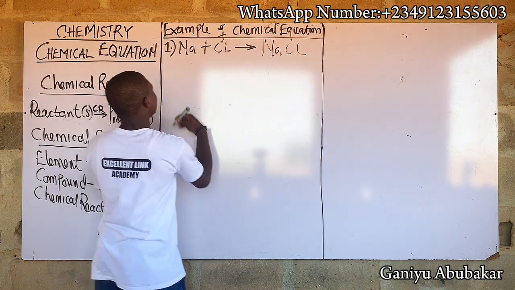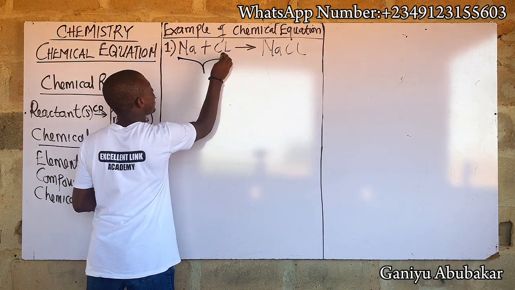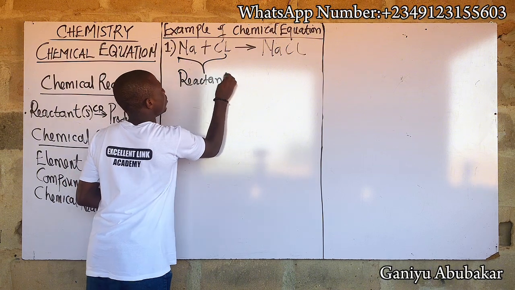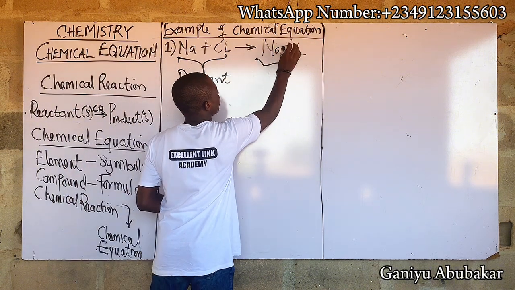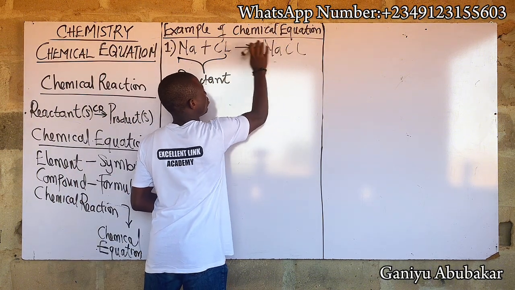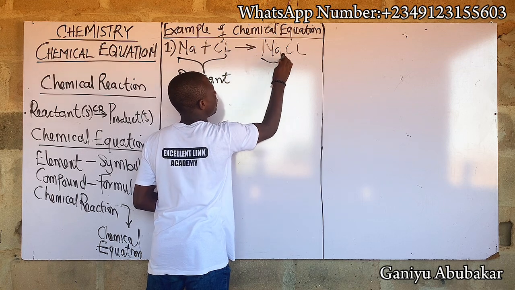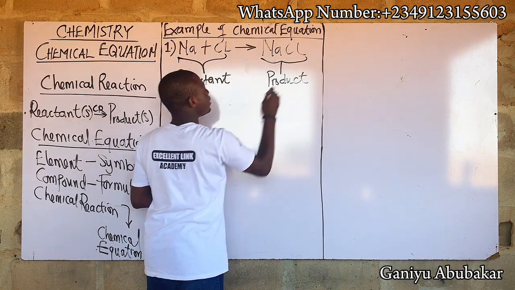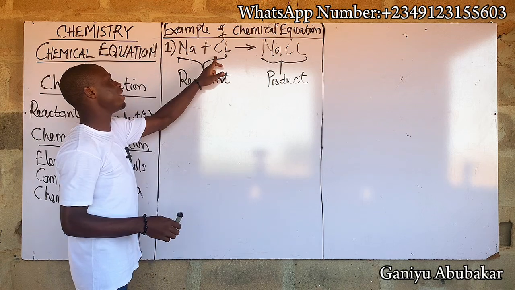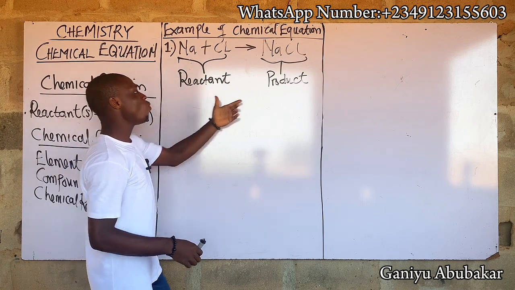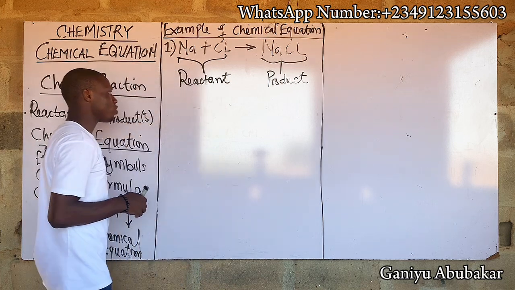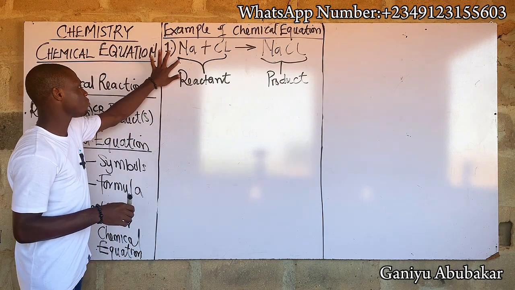So in this case, these two elements that are combining are called the reactant, while this one here is called the product. Very important to note. So note that these two elements that are combining are called the reactant, while the result is called the product. So note this example one.